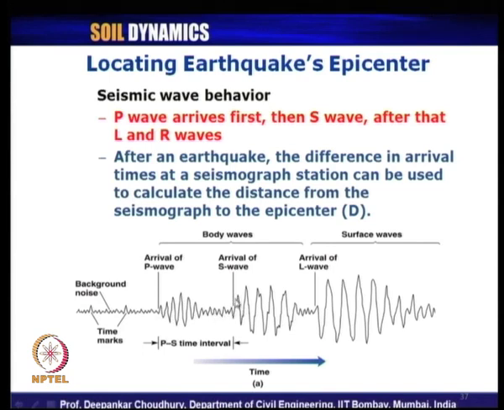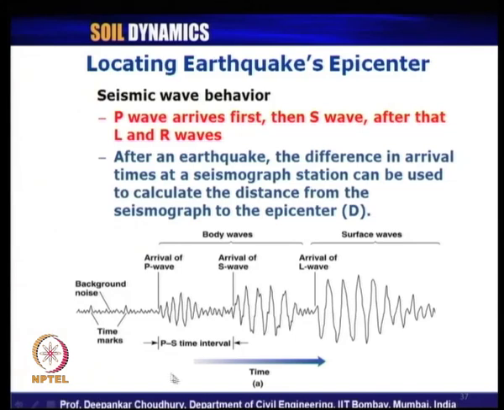Then it will slowly die down, and after some time you will notice another large magnitude wave getting recorded in your seismogram. That is nothing but the arrival of the S wave, the arrival time of the S wave, and this is the arrival time of the P wave.